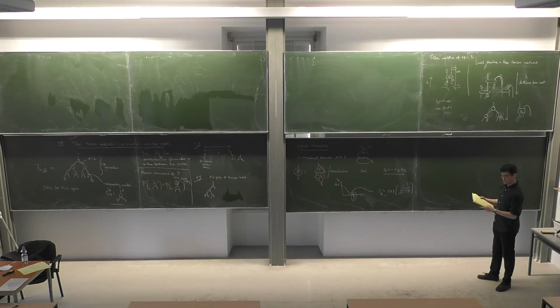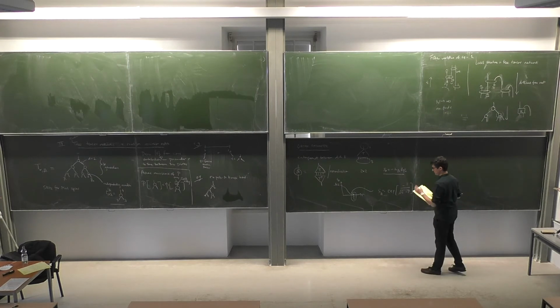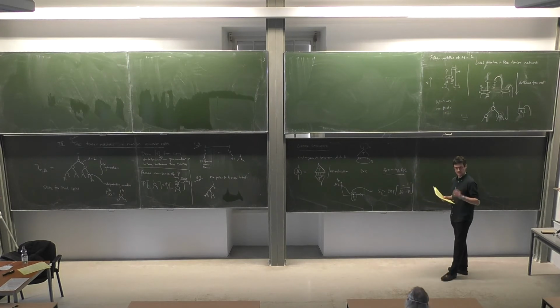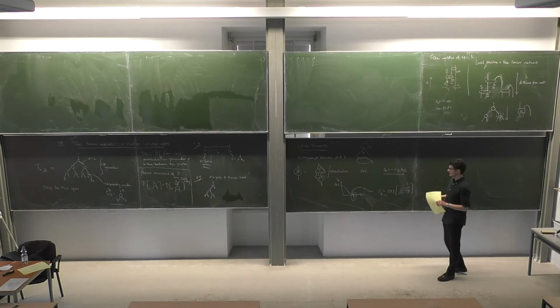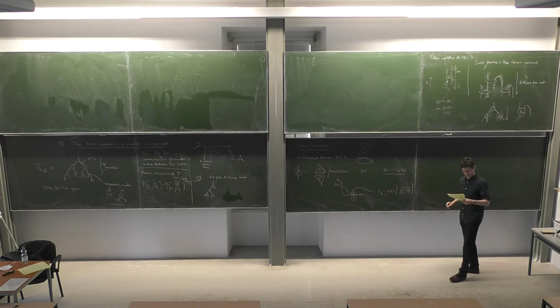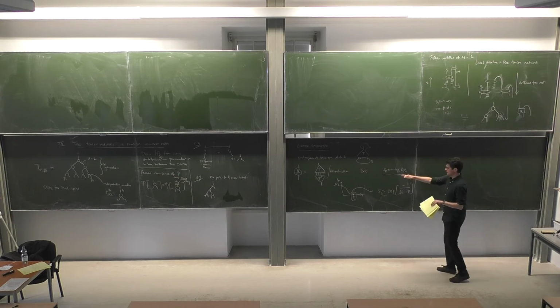Isn't this scaling like the Kosterlitz-Thouless one? I mean, its functional form. It's something you have in Kosterlitz-Thouless. Whether there's any underlying reason for that, I don't know.